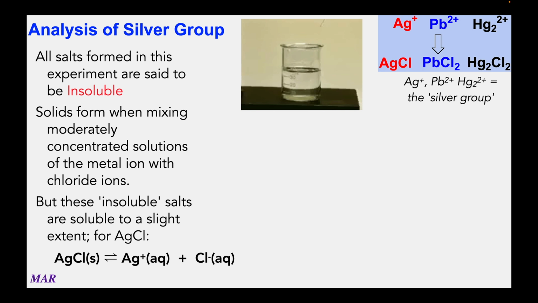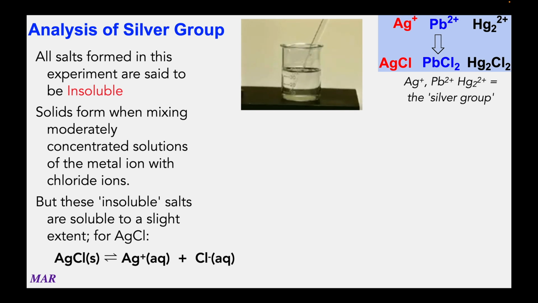Now, they do dissolve a little bit, even in the most concentrated forms, but it's pretty small. So even these insoluble compounds will have some ions left over, and that's an important consideration. So these all have a threshold, a solubility, and once you go over it, that's when you see a solid. And for all 3 of these with chloride, as well as bromide and iodide, they're pretty small numbers.